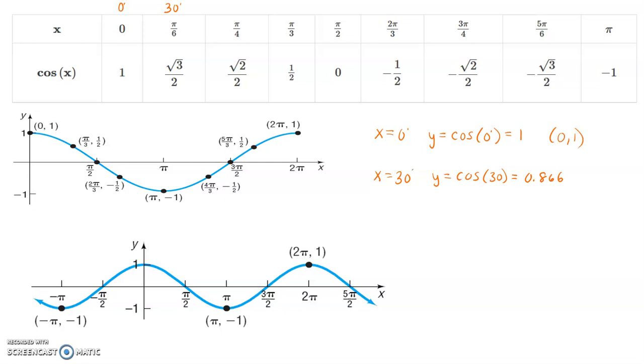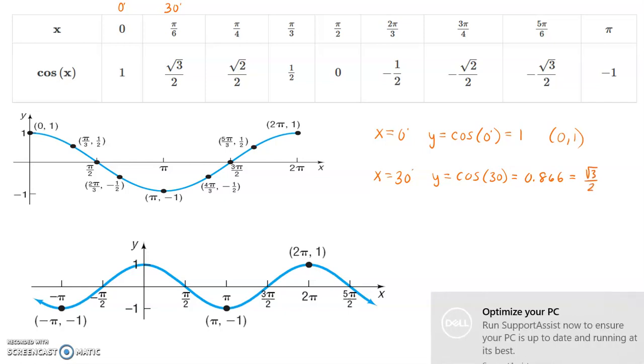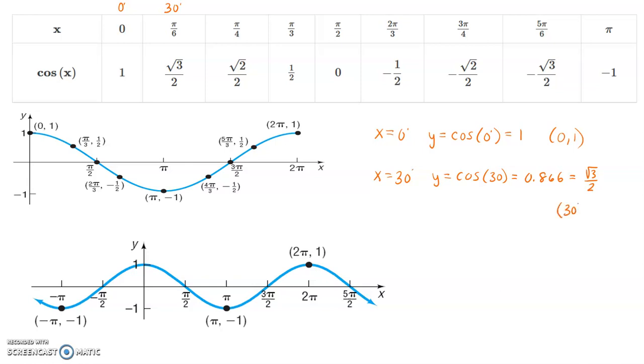I'm going to leave it there as those 3 digits. We want exact values here. Anytime you see that 0.866 number, that's the same thing as radical 3 over 2. So as a point on our graph, we have 30 degrees, or pi over 6, and our y value here was radical 3 over 2.